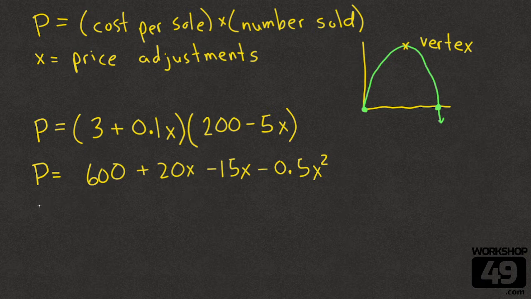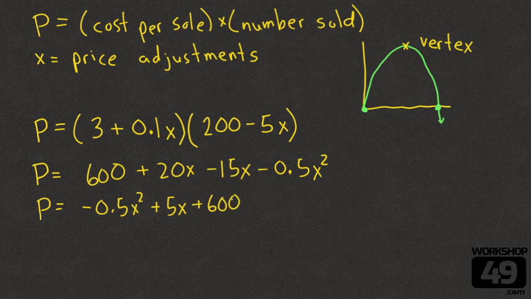But for now, we're working on the quadratic word problems, so we'll assume there's a little bit of background information here. I'm going to clean this up, and it's going to look like negative 0.5x squared plus 5x plus 600. All right, we got a nice looking quadratic here.